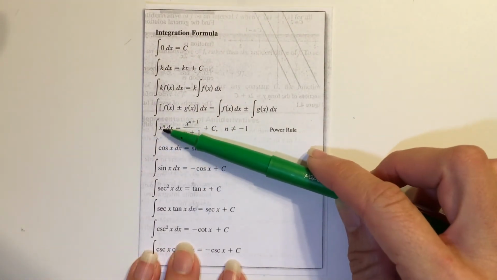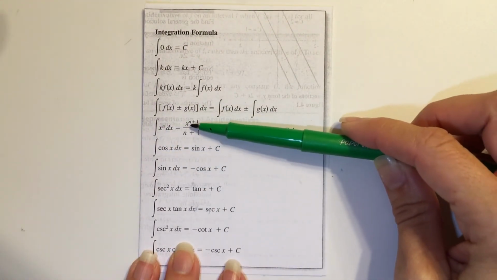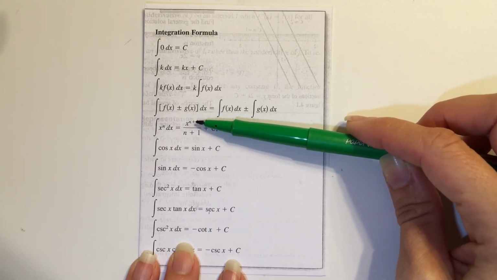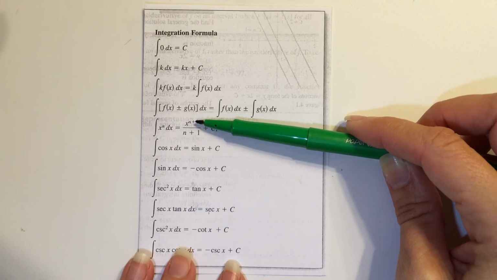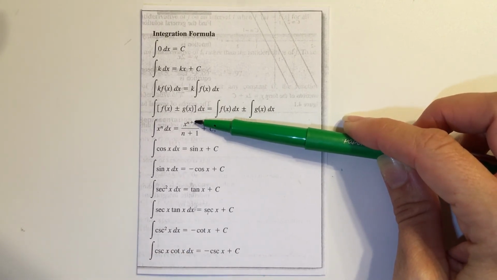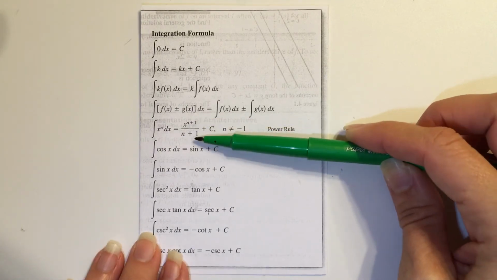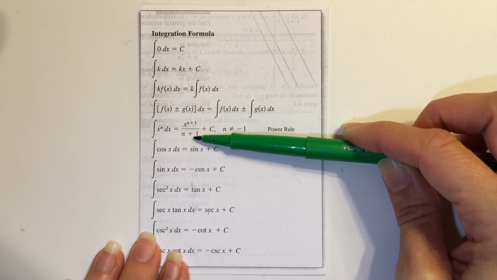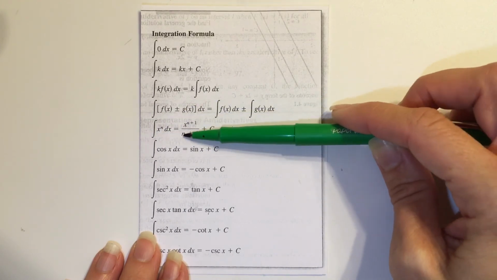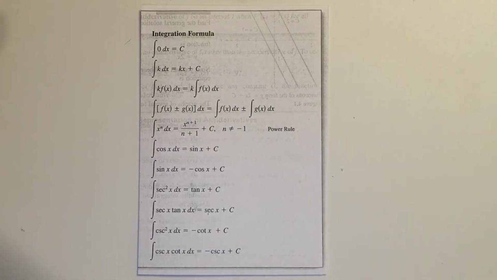So like if you have x to the 4th power, then that means your numerator is going to actually end up being x to the 5th power, because you're going to increase your power by 1. But after you increase that power by 1, so the example I was using, we now have a 5th power, you then have to divide by that. So if this is a 4, then this would be a 5, and this would be a 5. So you increase your power by 1 and then divide by that power.